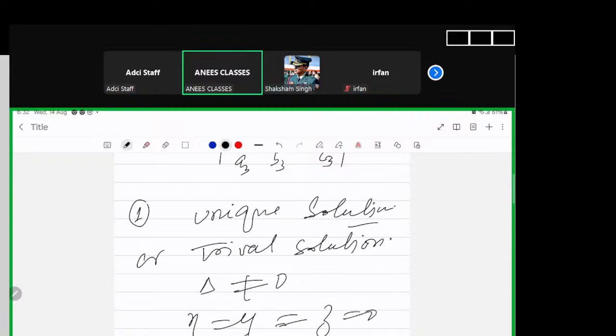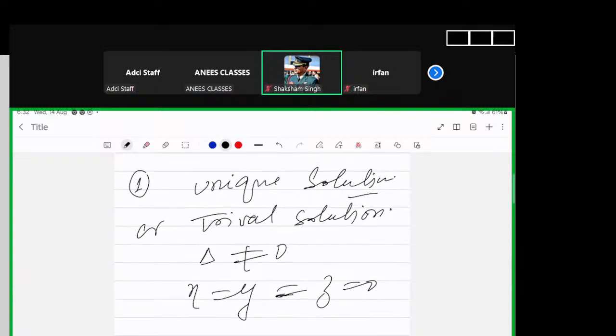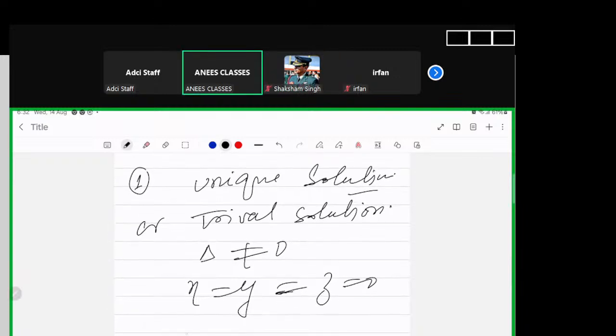When all parameters are 0, we have no importance of these values, okay? Understood? Yes, sir. So no importance.